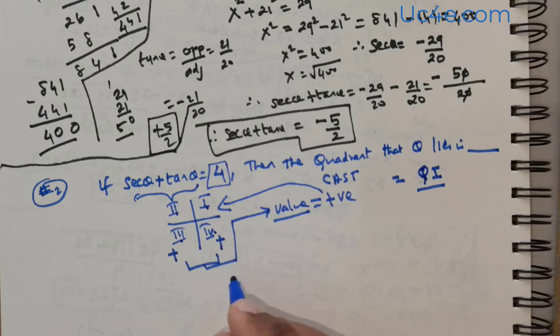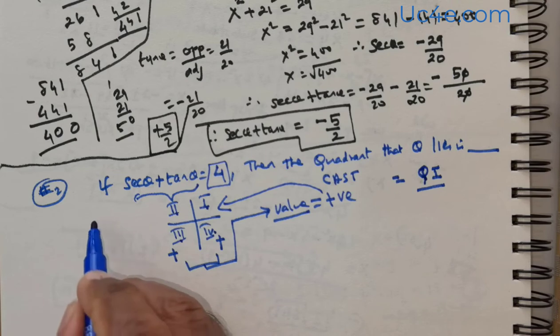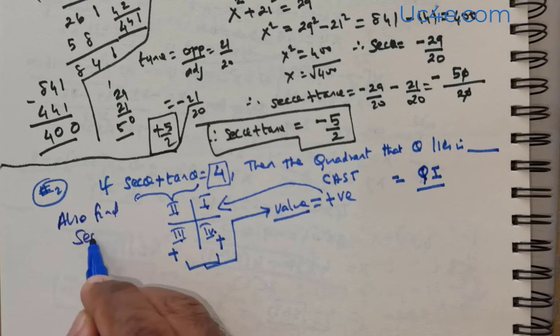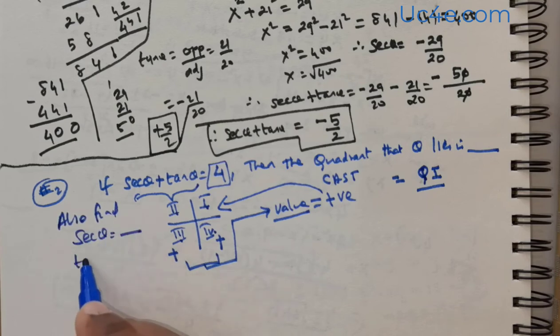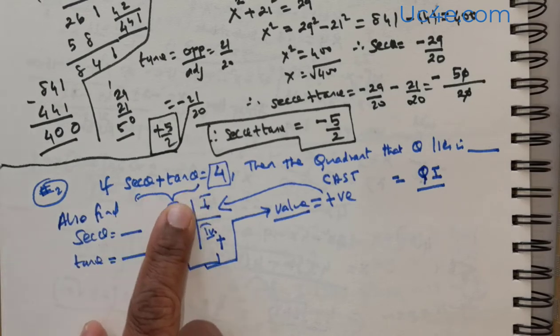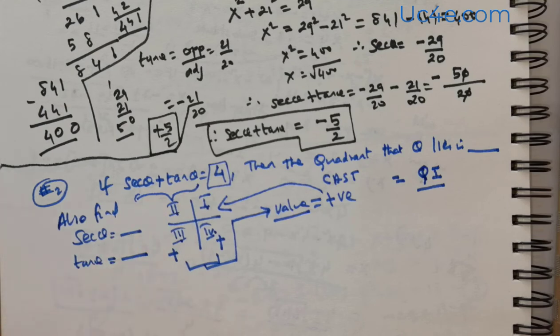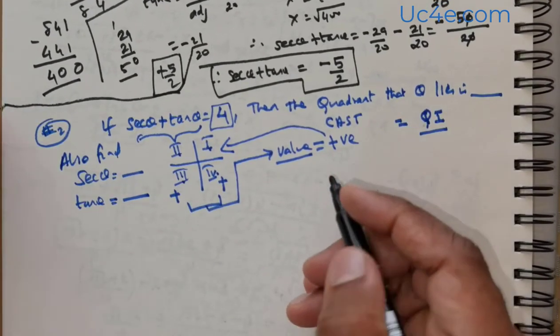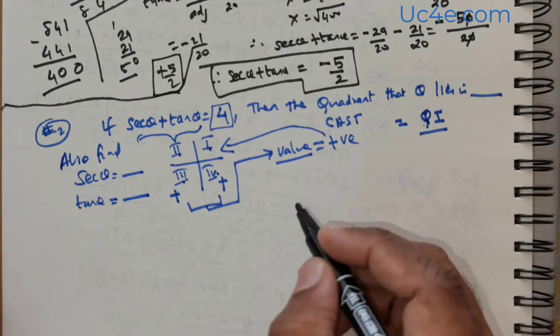But on the other hand, if they were to ask you, okay, also find the value for secant theta and tan theta, it is here you would meet up with some challenges, because we are being given only the sum, but from the sum we have to extract the individual values for the ratios. So that is going to be a bit of a challenge if you are not aware of the exact algorithm that goes in.